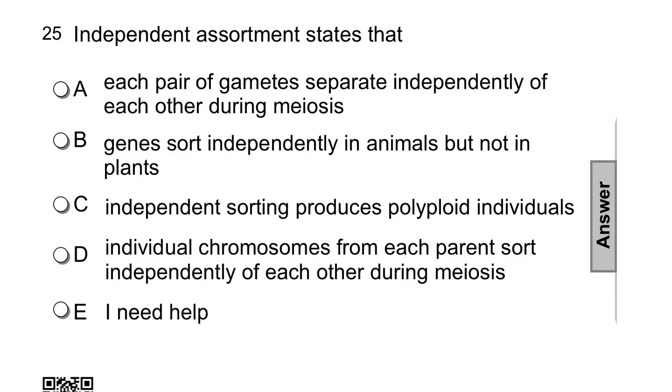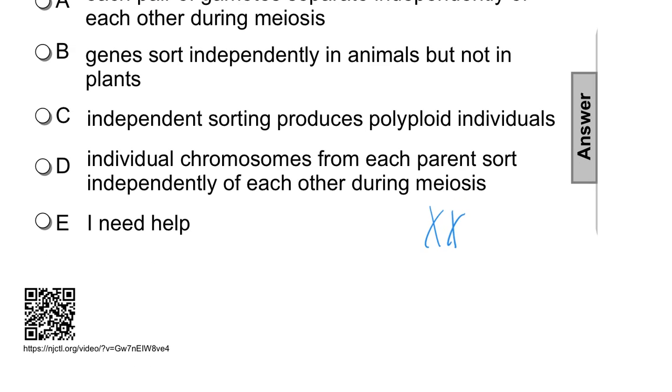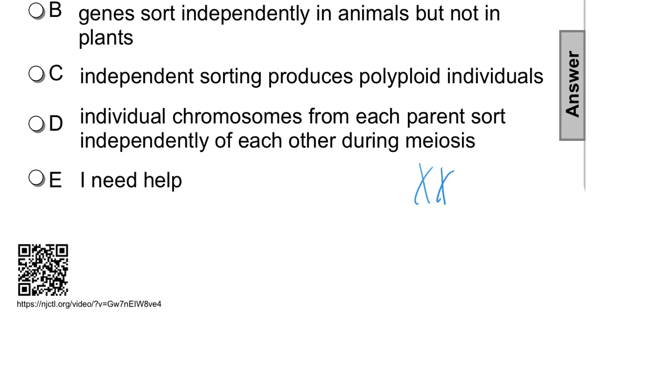This is kind of a tricky question, but I took some time to explain it before. Independent assortment means when the homologous chromosomes line up during metaphase 1.